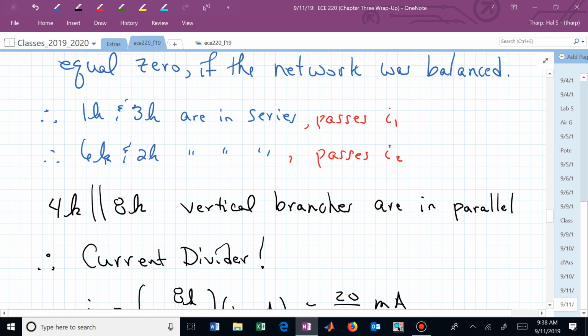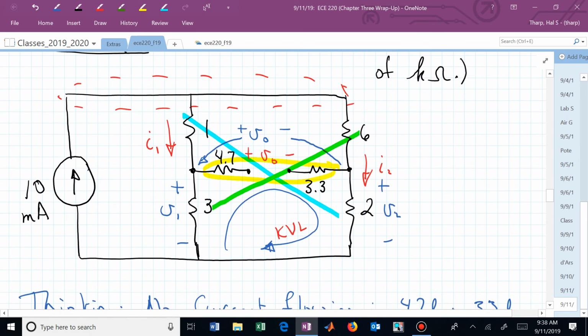Maybe before we move on, what if I wanted to balance that bridge? What if I wanted to make V sub 0 equal to 0? How could I do that? And that's what you're doing with a Wheatstone bridge configuration. You're adjusting something. You could adjust that 3, which I think we called R sub 3 in our bridge, or you could adjust R4.